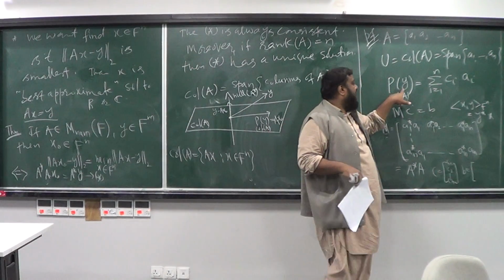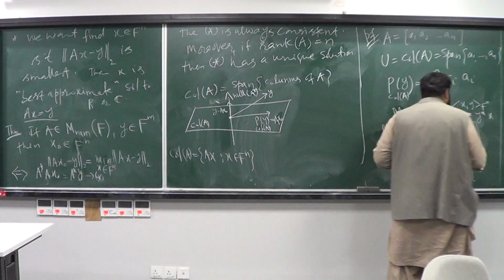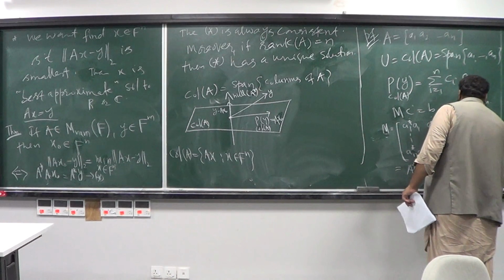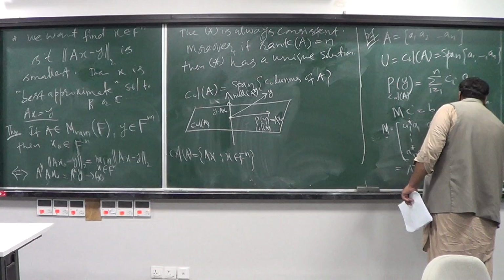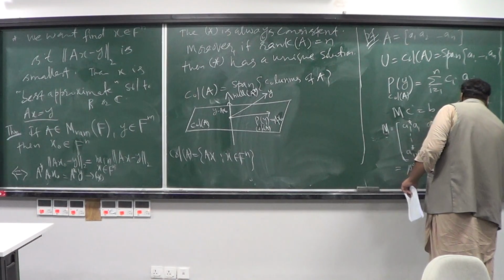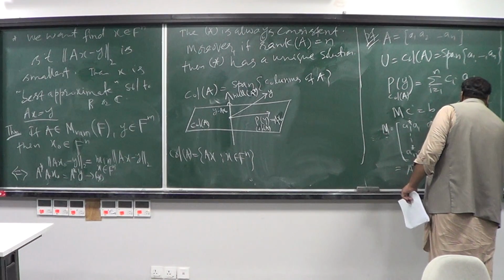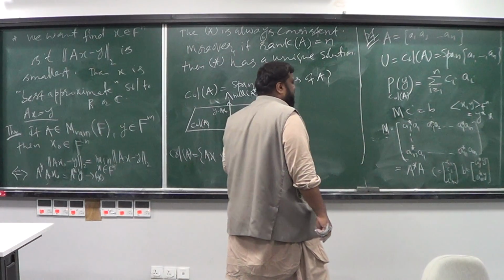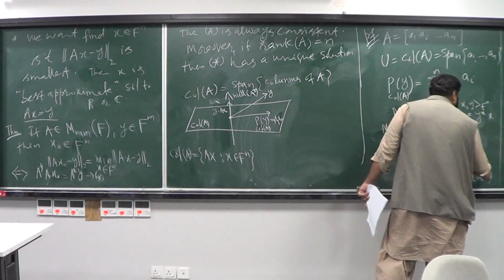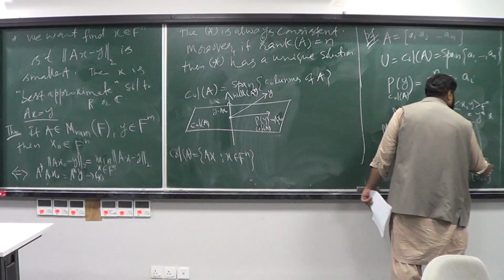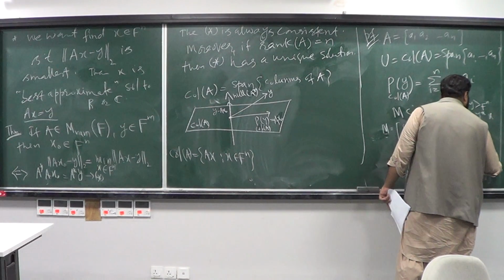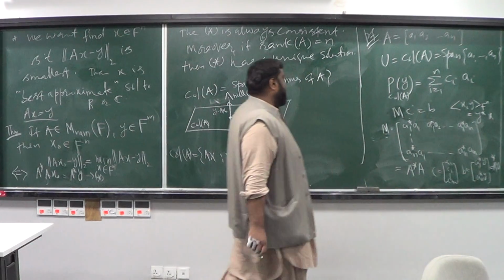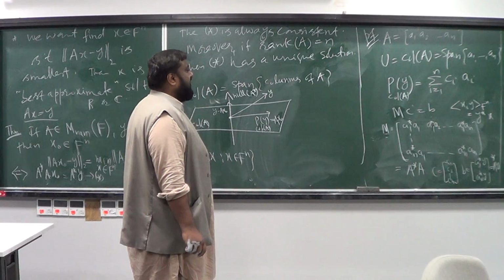Now here we have y, so this is going to be A1 star y up to An star y. If you see carefully, this quantity is nothing but A star y.